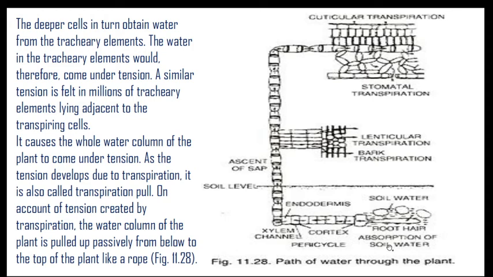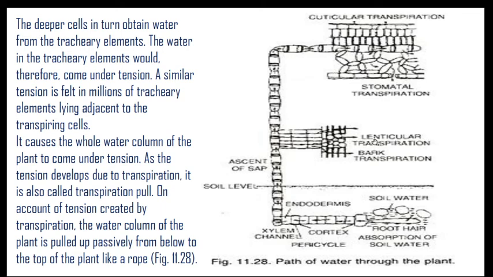This is the xylem canal, these are the cortical tissues, and here is the pericycle. These are the soil levels, and here is the creation of a pull, which is the ascent of sap.